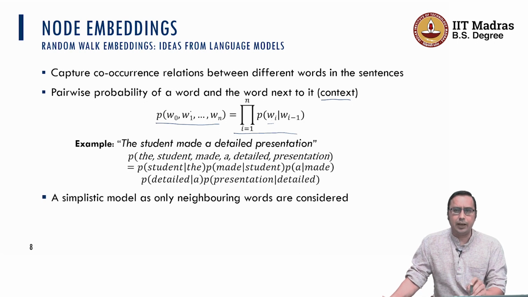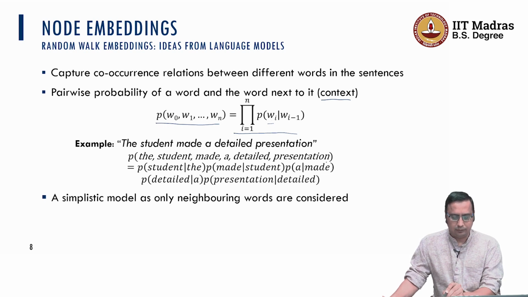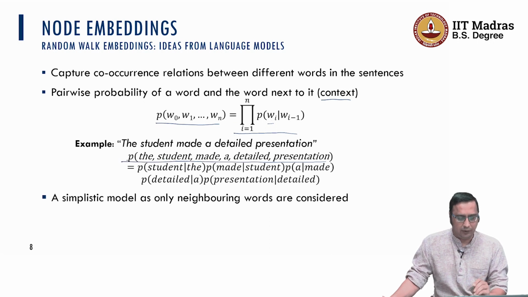Let's look at this expression with the illustration of the sentence, the student made a detailed presentation, where I am looking for the probability of this sequence of words. What I am going to do is decompose this probability into a set of small probabilities, where I look at the word and the next word, which is the context probability.